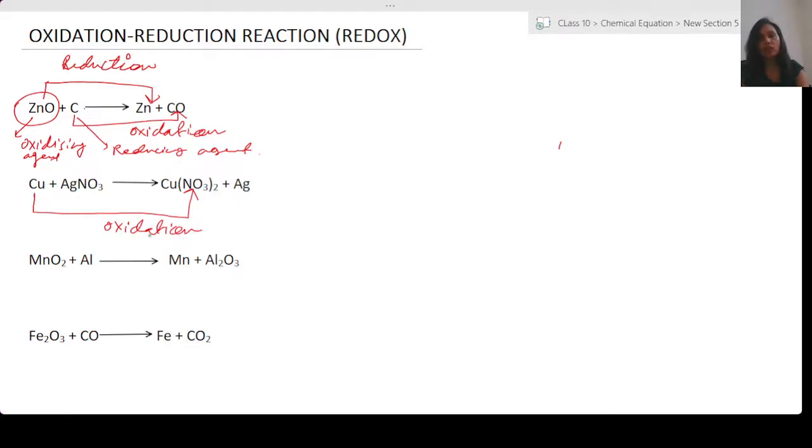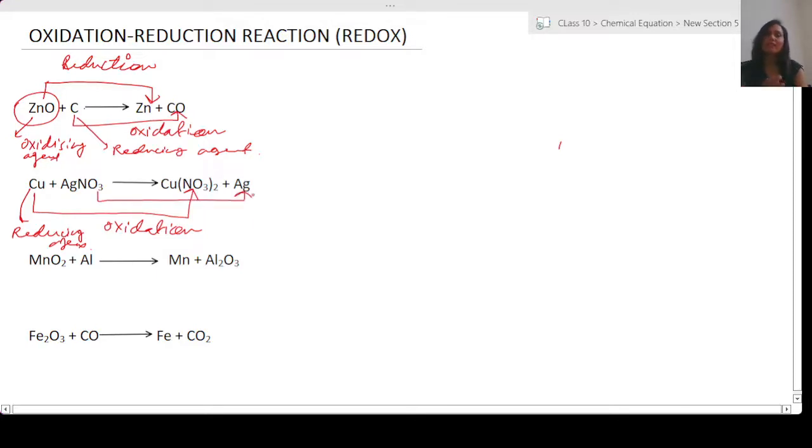If it is an oxidation reaction, then it will become a reducing agent. Similarly, if you see AgNO3, AgNO3 is changing to Ag, that is Ag is losing its O, so it is a reduction reaction, and AgNO3 is an oxidizing agent.